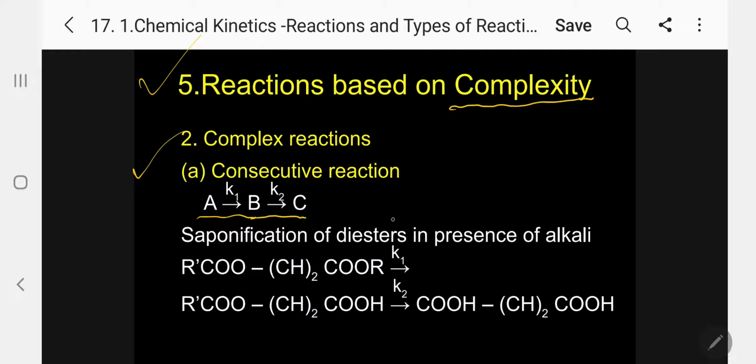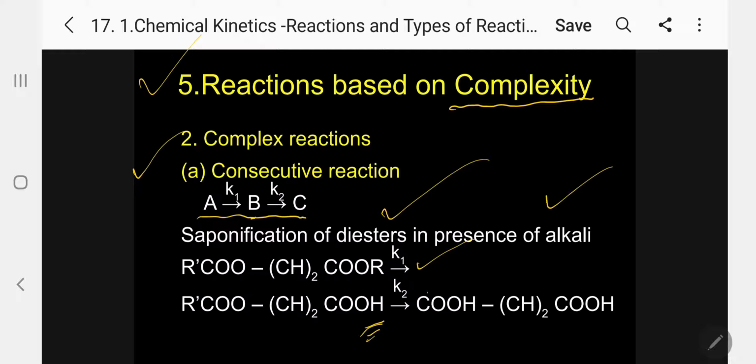A specific example is saponification of diesters in presence of alkali. The diester R'COO CH2 CH2 COOR undergoes partial hydrolysis with K1. So R is released in the form of sodium salt.